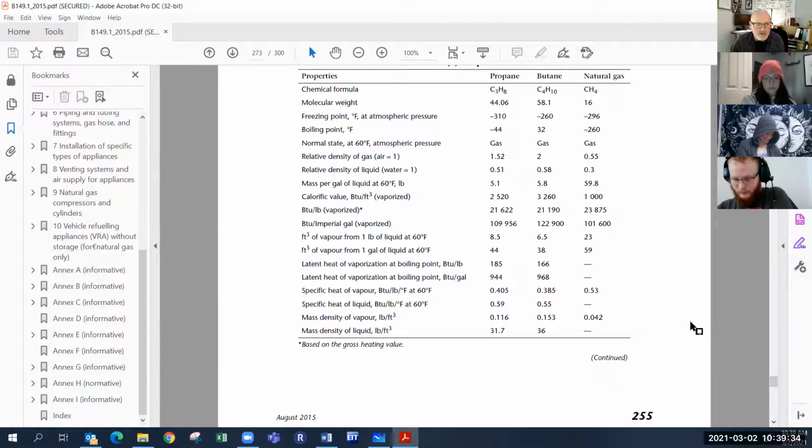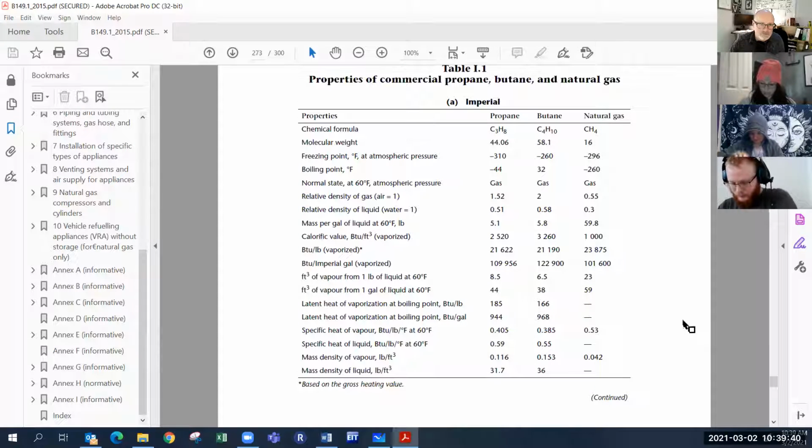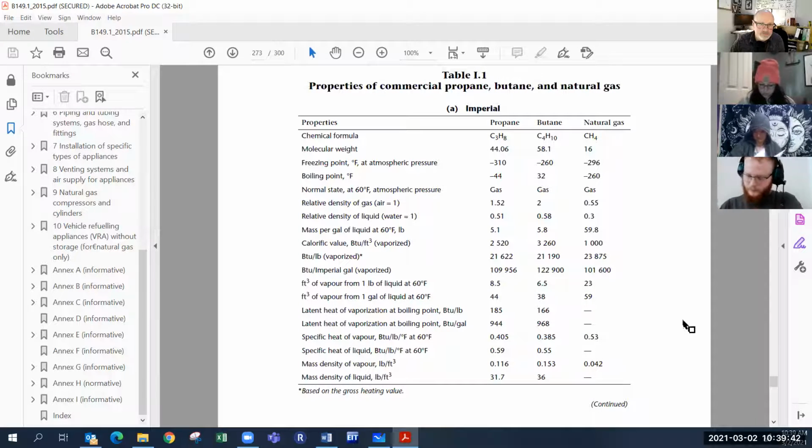Okay. Turn to page 255, please. You get to page 255, and there's the properties of propane, butane, and natural gas.